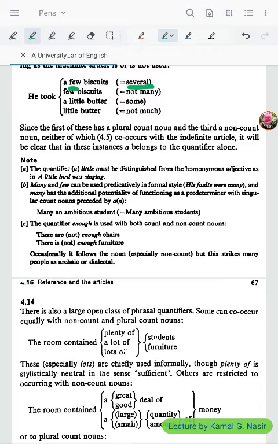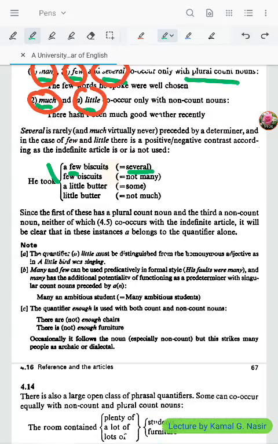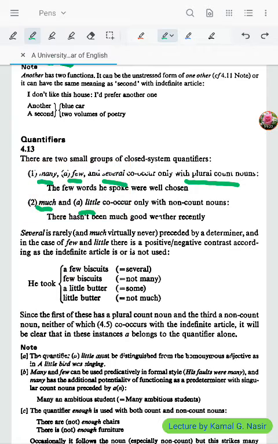When it is without a, few means not many. When we say a little, here a little means some. When we say little, it means not much. So these are according to the different meanings of a few and little.